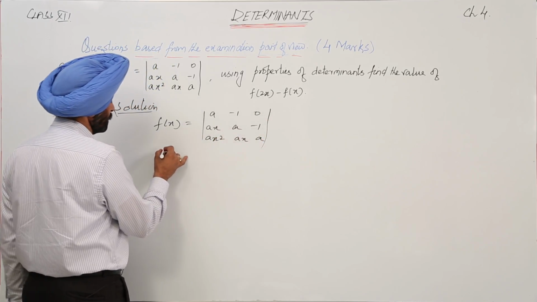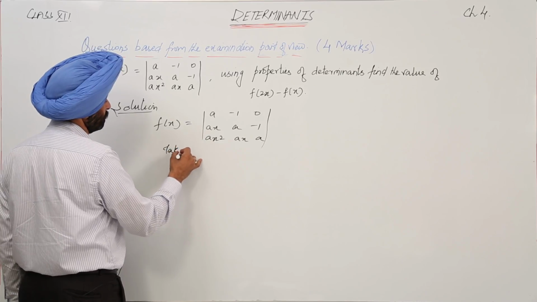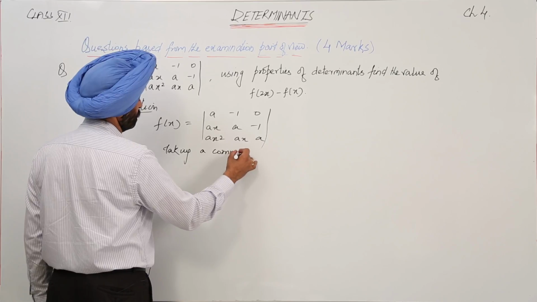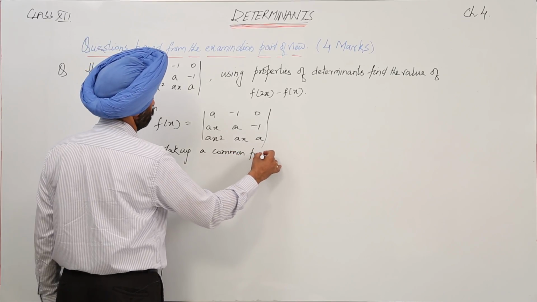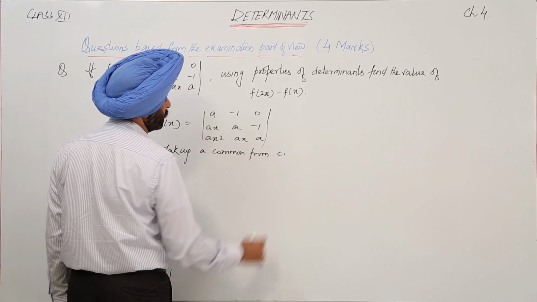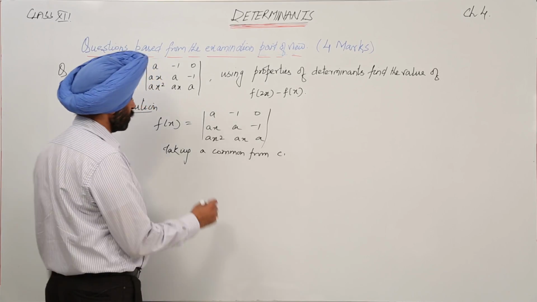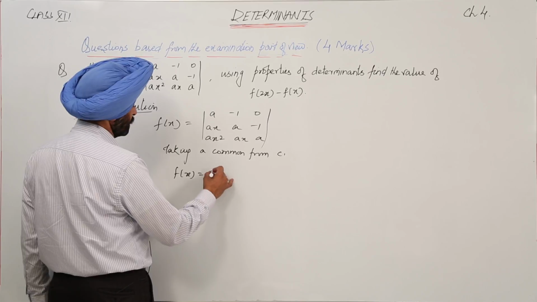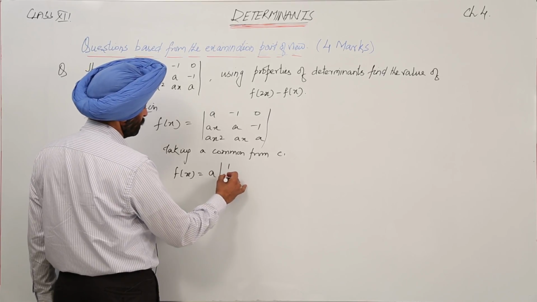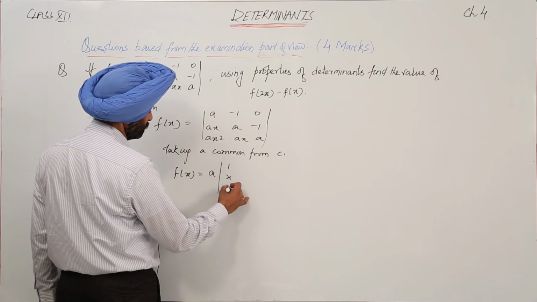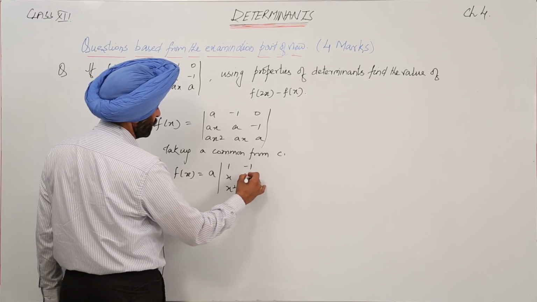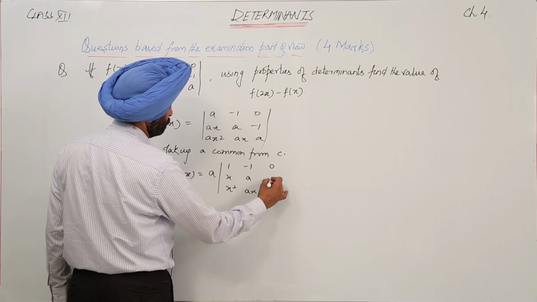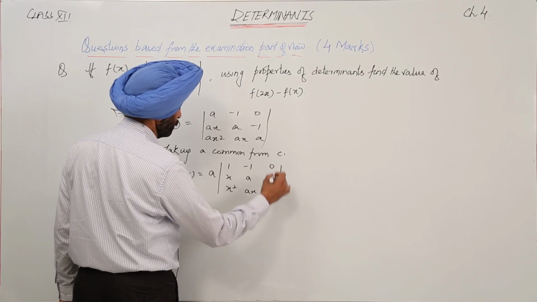Now taking a common from C1, we are having f(x) is equal to a times the determinant 1, x, x square; minus 1, a, ax; 0, minus 1, a.